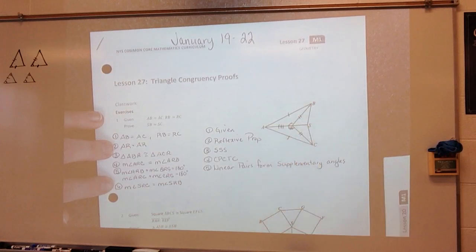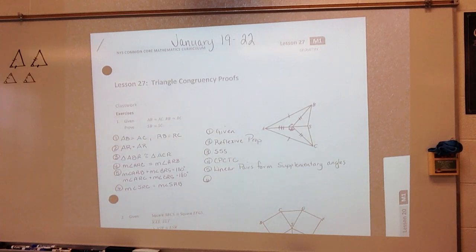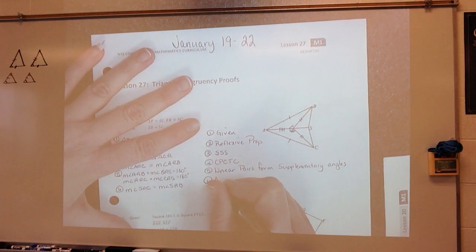SRC and SRB are equal because angles supplementary to either the same angle or congruent angles are equal in measure.